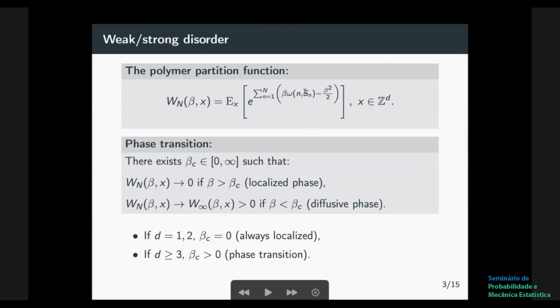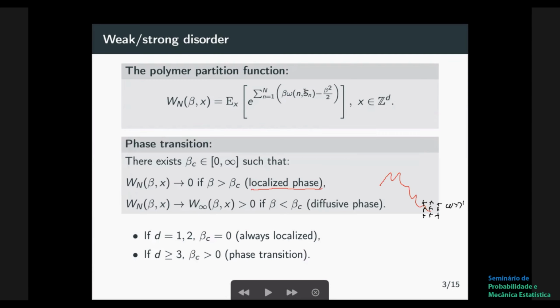So it will be attracted by this part of the environment, whereas in the diffusive regime, when beta is small, the polymer will act diffusively like the simple random walk usually, and it will not really feel, at least at large scale, the presence of the environment.